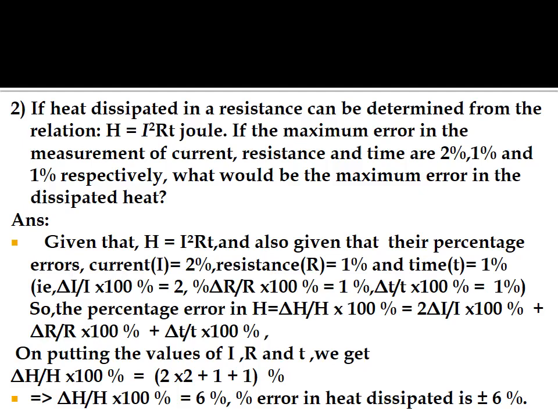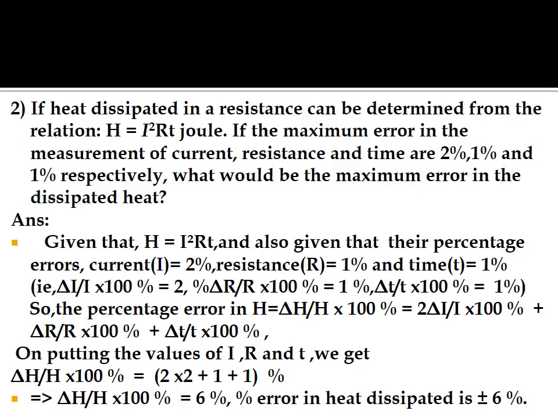So, the percentage error in H is equal to delta H by H into 100%, which is equal to 2 into delta I by I into 100% plus delta R by R into 100% plus delta T by T into 100%.